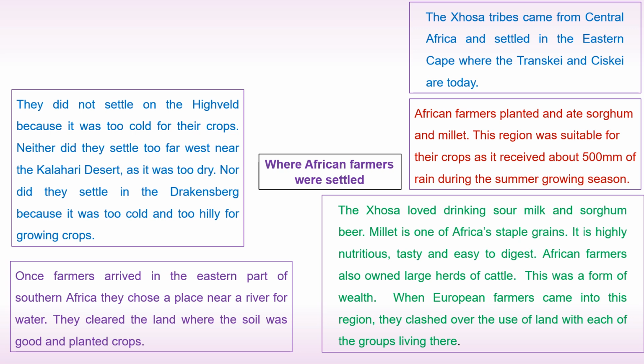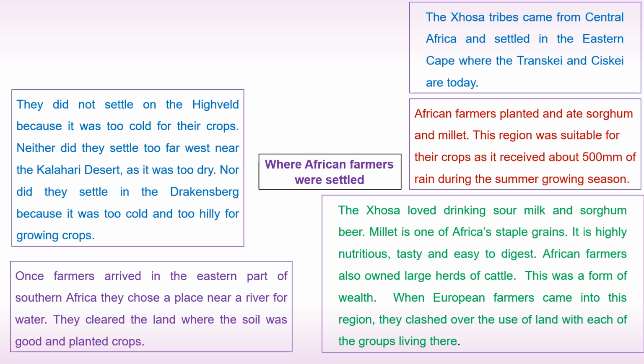Now, you need to know this information because in tests and in exams and in exercises, I can give you maps and I can ask you to identify the areas where the Xhosa people lived and explain why they lived in these regions and why they did not choose to live in other regions, right?